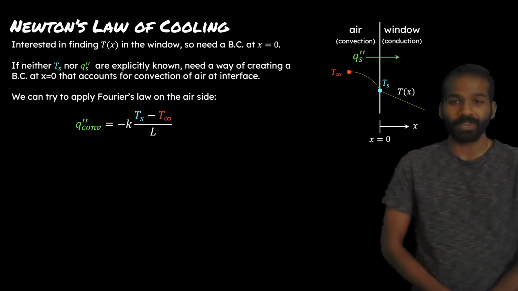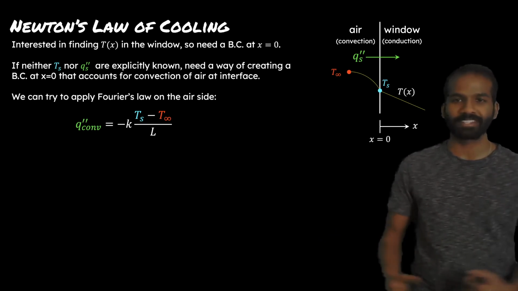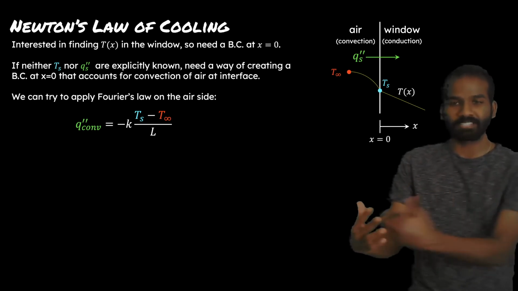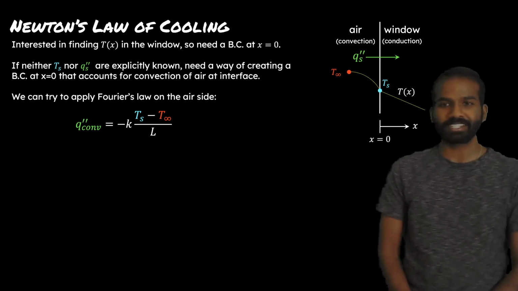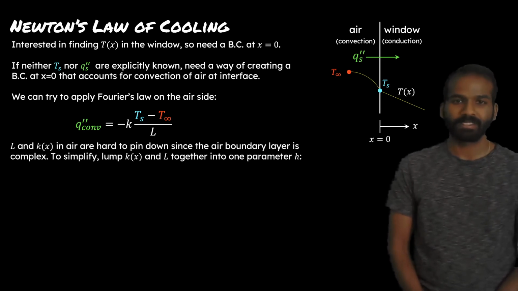Similarly, we also have trouble with the value k. The thermal conductivity in air can be hard to pin down because the air can have a whole distribution of velocities at the interface. This gas is moving around, it is stagnant at the interface, it has a velocity further away from the interface, and accounting for this velocity distribution to find k sub x as a function of distance is difficult.